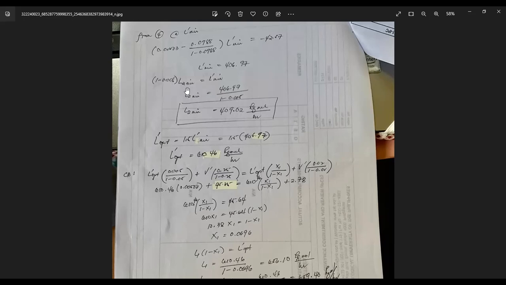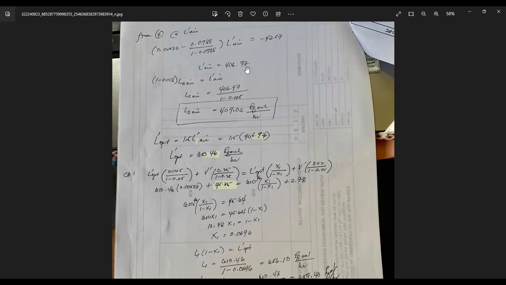So the actual amount of solvent, which is your L2 minimum, multiplied by 1 minus 0.005, where your 0.005 is its ammonia content, is this L prime minimum of 406.